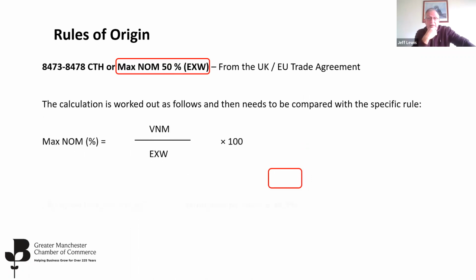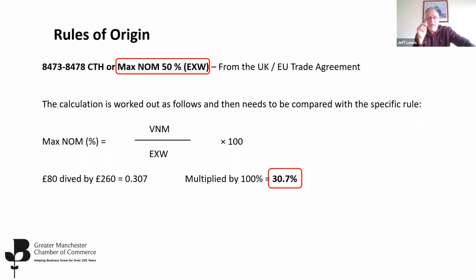So what we need to do now is find the rule of origin. And obviously we've seen the rule of origin from the trade agreement. This is from the European trade agreement. And we can see that we've got a change in tariff heading, or we've got a maximum non-originating materials. So we know we don't change the tariff heading, so we use the maximum non-originating material.